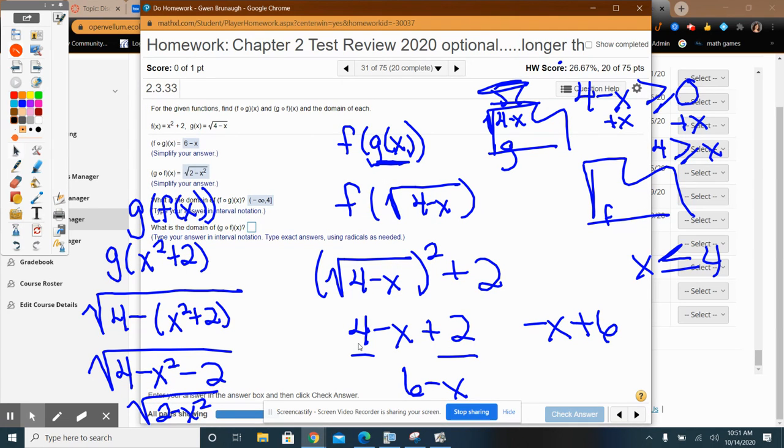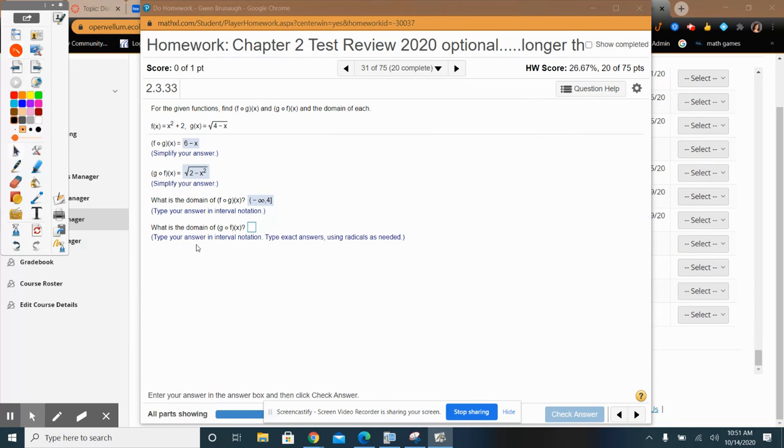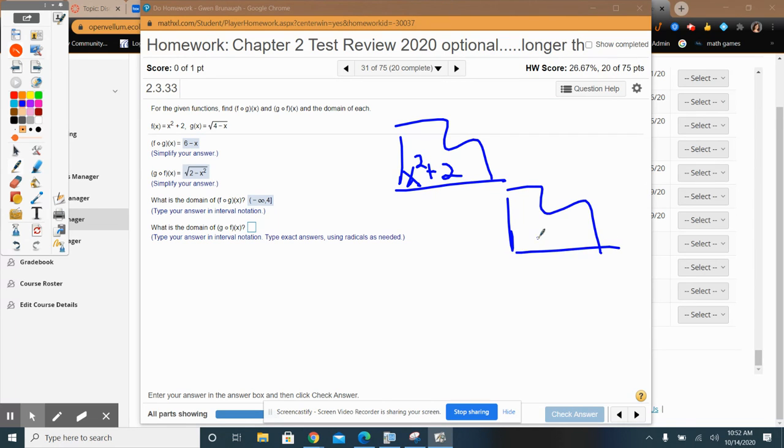Okay, for the second one, g follows f. Well, there's definitely going to be some sort of issue here. So what happens first is the f function, which is x squared plus 2, and nothing will break that. But for this guy, we said 4 minus x had to be greater than or equal to 0, which meant that x had to be less than or equal to 4, right? But that is not directly plugged into it.